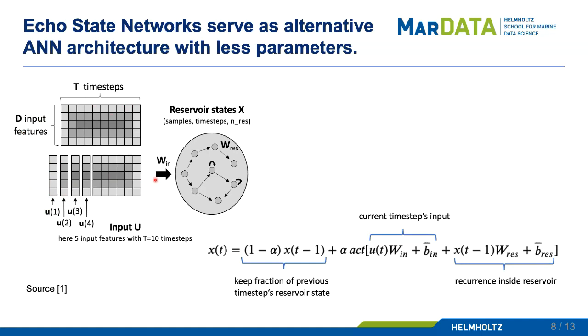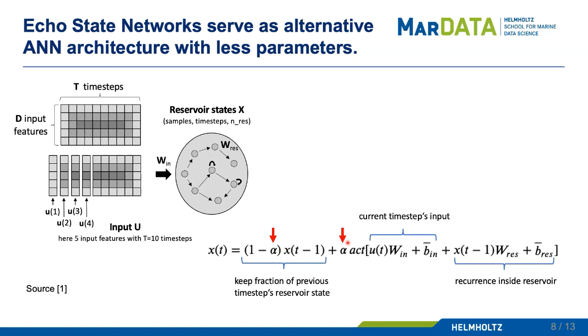When I feed all the columns into this reservoir, the reservoir unfolds its dynamics according to this state transition equation. The reservoir states X for time step t, we get by keeping a fraction of the previous time step's reservoir states, X(t-1), times 1 minus alpha. And alpha is the so-called leak rate of the reservoir, which determines the reservoir memory.